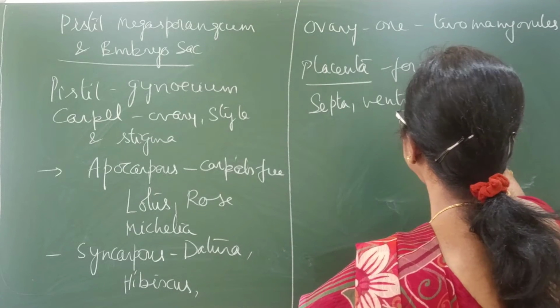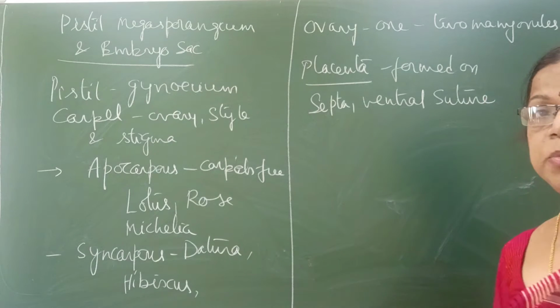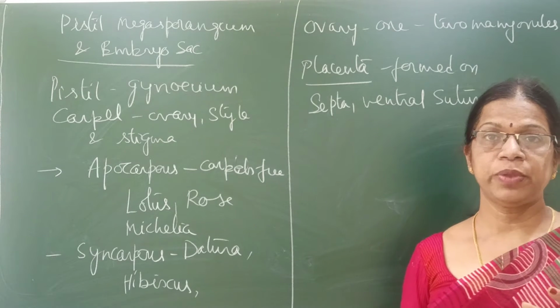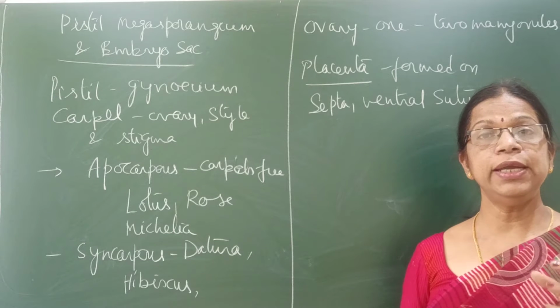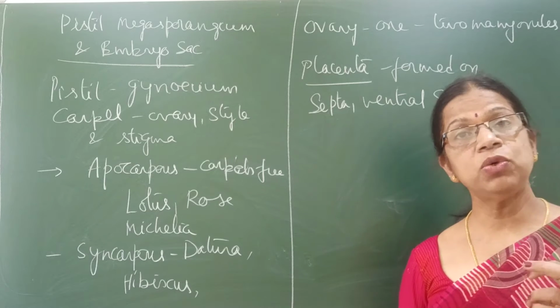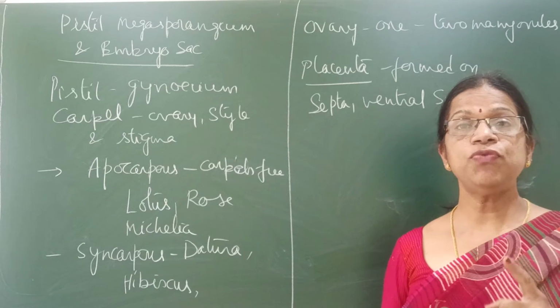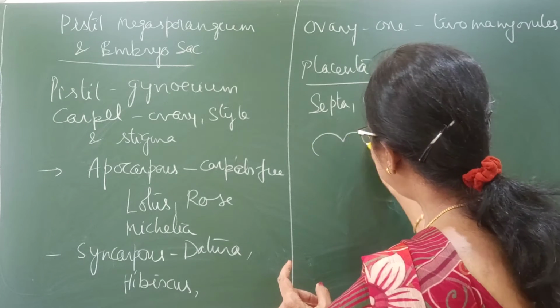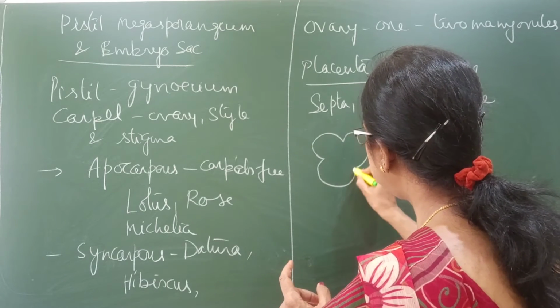The septa of the ovary can divide the ovary into different chambers, which are also called locules. This we find in the syncarpous condition.